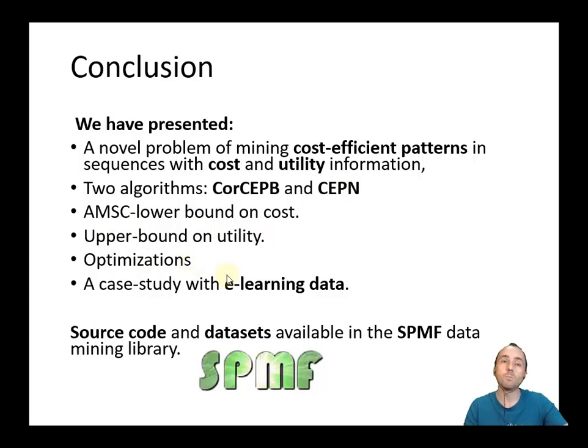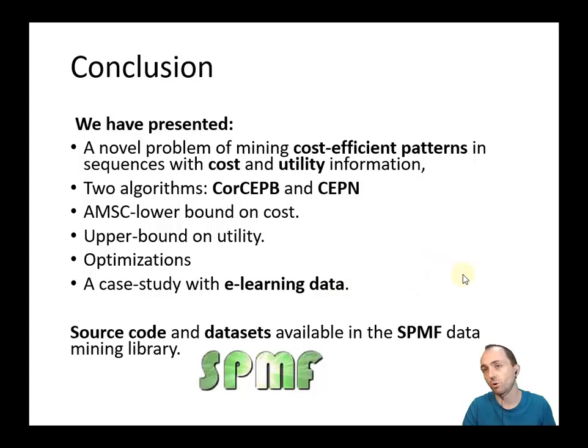And most importantly, for our new problem to show it is useful, we have used some real e-learning data where we had both the binary utility, the numeric utility, and the cost. And we find some patterns that look interesting that could tell some ways maybe of studying more efficiently to get a high score in an e-learning system.